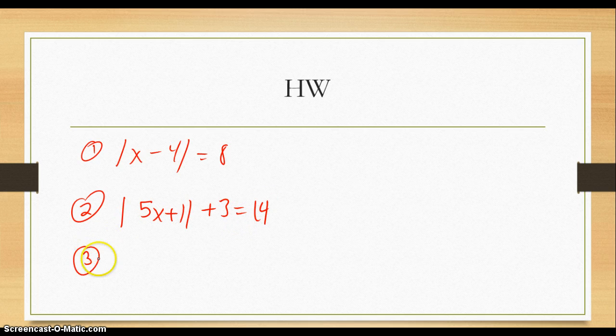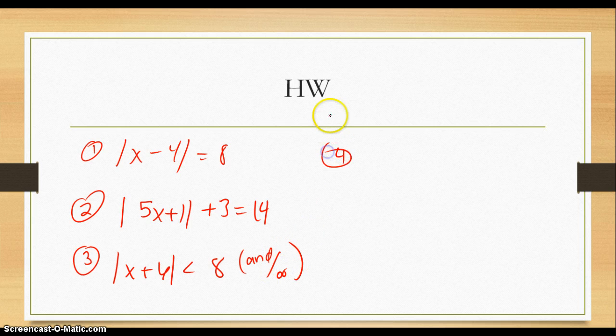Number 3: the absolute value of x plus 6 is less than 8. And remember, if it's an and or an or, how we should label our answer. And then number 4: the absolute value of 2x plus 5, minus 2, is greater than or equal to 7.